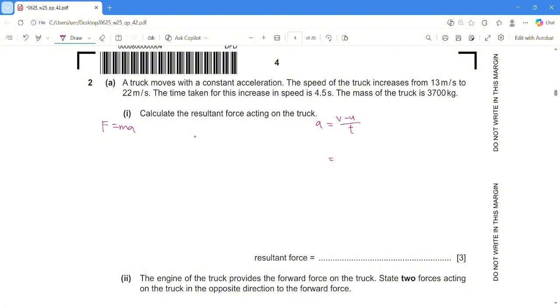So here the final velocity is 22 minus initial 13, over the time taken, 4.5 seconds. So 22 minus 13 divided by 4.5, we get 2 meters per second squared. Okay, and we go back here, F equals ma, so 3,700 times acceleration 2, and we should get the answer 7,400 Newton. Done!